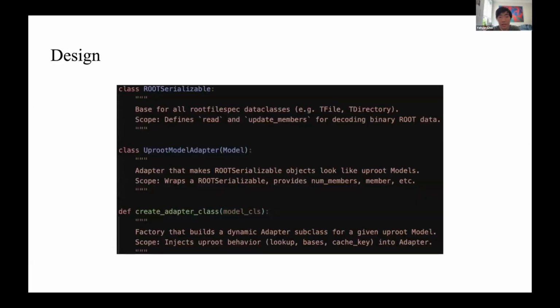Okay, so I think I covered this. So root serializable, Uproot model adapter, and createAdapter class.